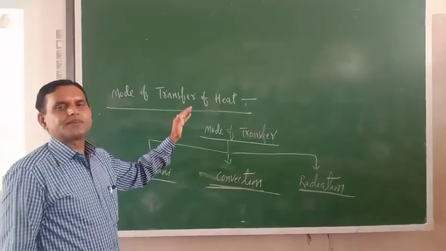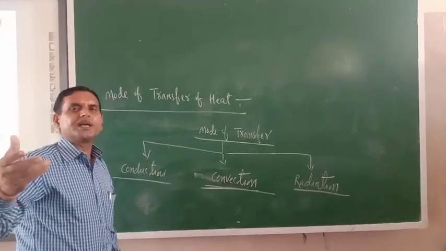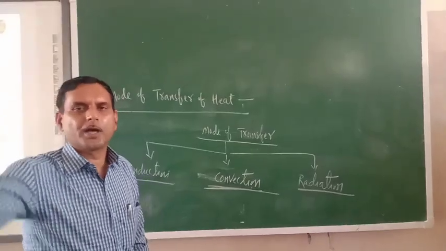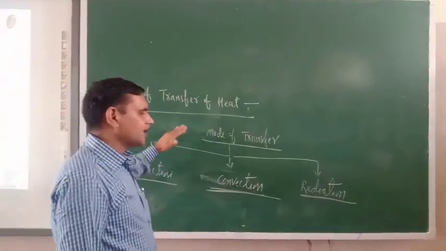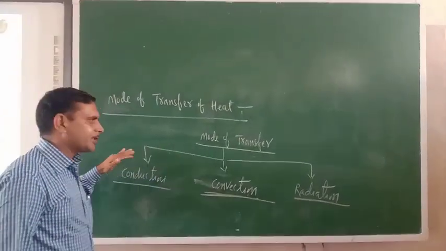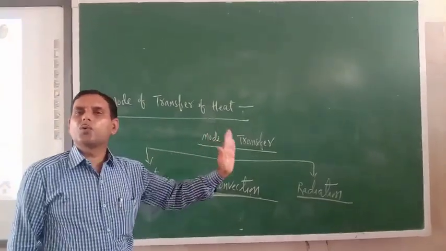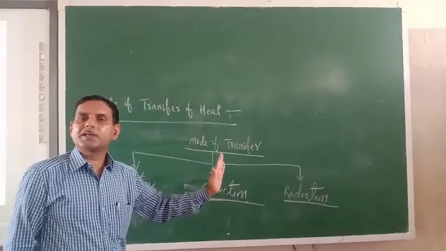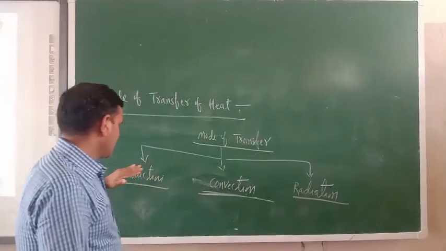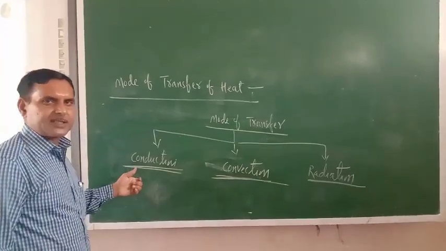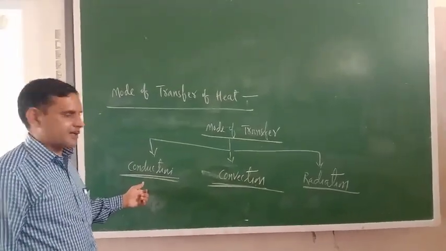Now mode of transfer of heat. In how many ways is heat transferred from hotter end to colder end? There are basically three modes by which heat is transferred from hotter object to colder object. The first one is conduction, which takes place in solid substances.